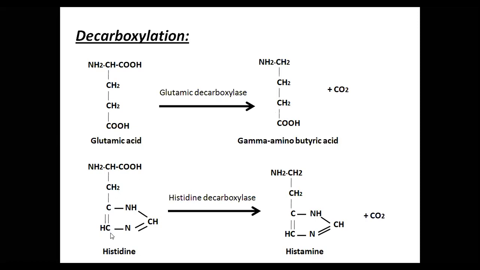Now you can see this is histidine. So histidine, by histidine decarboxylase, produces histamine, which is a vasoallergic compound. It's a big allergen. Like beef or prawn, hilsa fish, and brinjal contain large amounts of histidine.